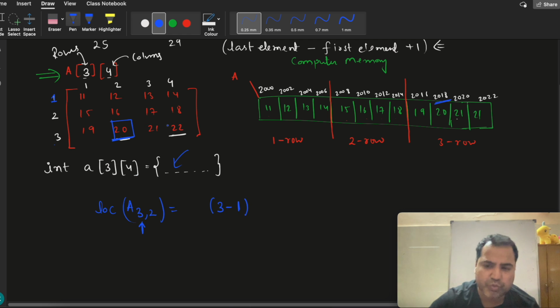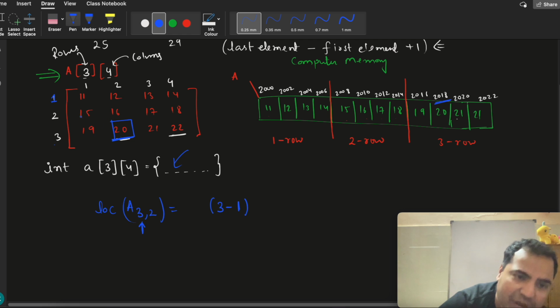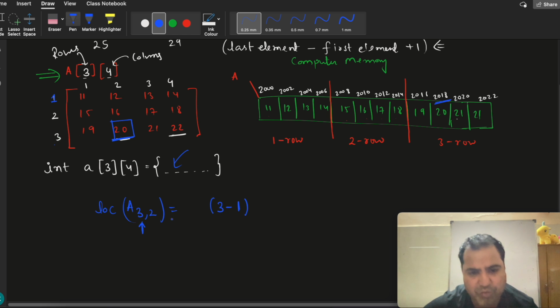Then I will skip two rows. This is the basic procedure actually: the place from where you started, and the place till which you have to reach. So to reach till the third row, I have to skip two rows. So 3 minus 1. This is the basic row formula.